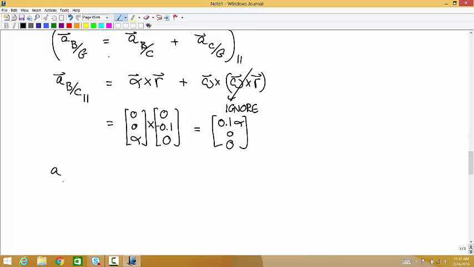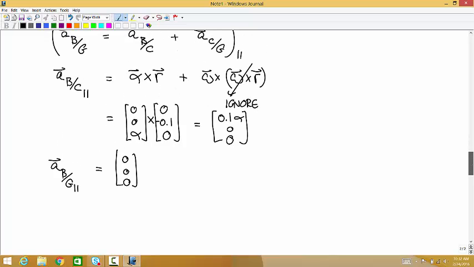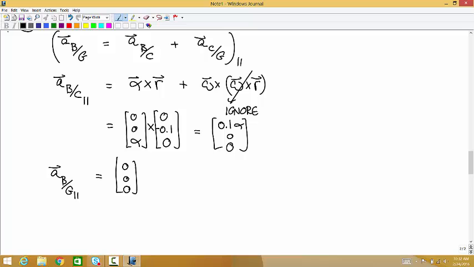The acceleration of B relative to the ground, parallel, is equal to 0. And so now we can write an expression for the acceleration of the center relative to the ground, parallel, which is equal to 0, 0, 0 minus 0.1 alpha 0, 0.